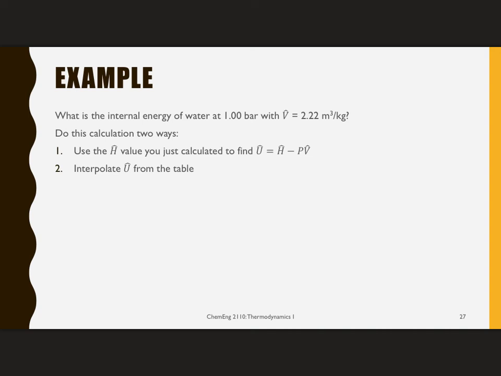Let's do it first by using what we just figured out for H and volume to calculate U. So U is equal to H minus PV. In this case, 2895.8 kilojoules per kilogram minus 1 bar times 2.22 meters cubed per kilogram.